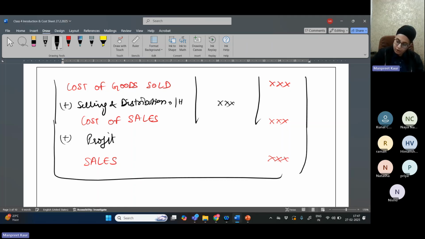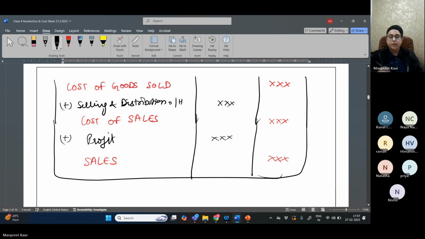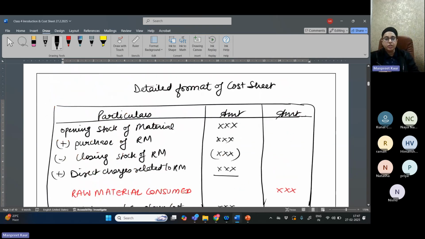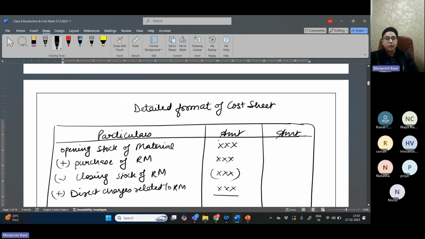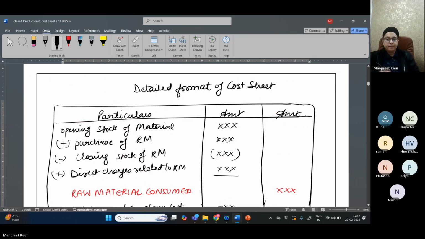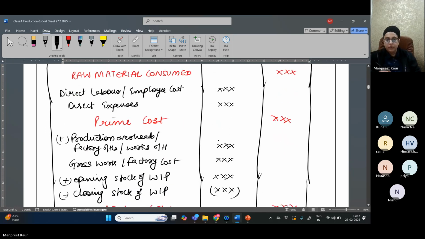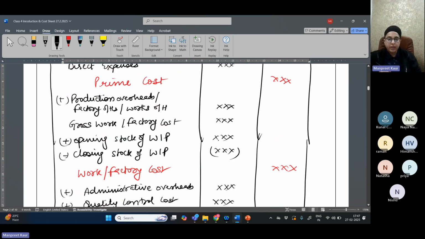This is the detailed format of cost sheet. Any doubt to anyone in this cost sheet, detailed format of cost sheet? Anyone? If no, then please say no or yes.